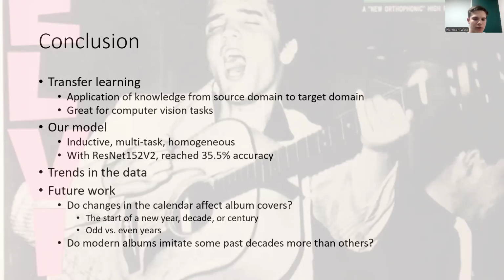So does the start of a new year, decade, or century actually make a difference? Is there actually a bigger difference between the 1999 year and the 2000 year than the 1999, the 1998 year? Like maybe as a decade comes around, as the arbitrary restraints of the human calendar, maybe that actually makes a difference in how people think about what album cover they should release in that year.